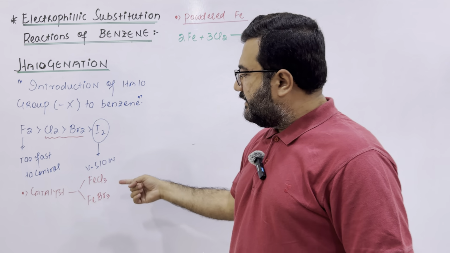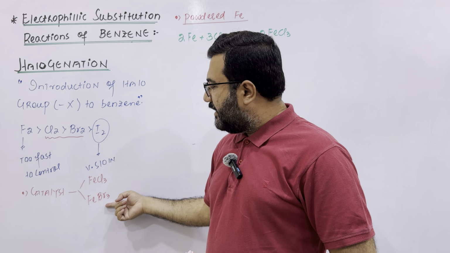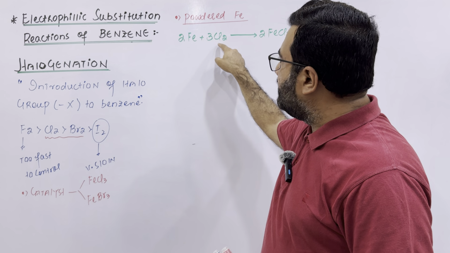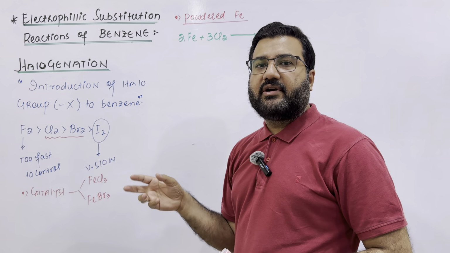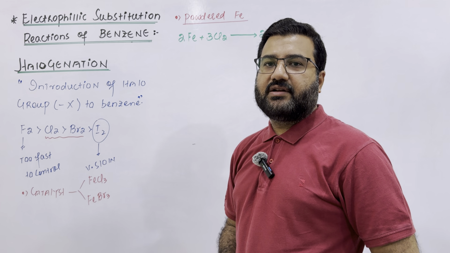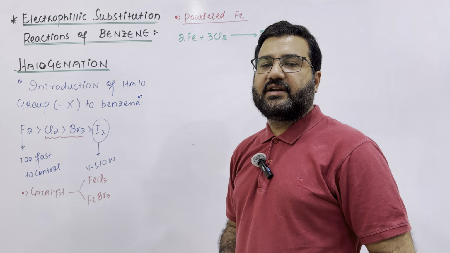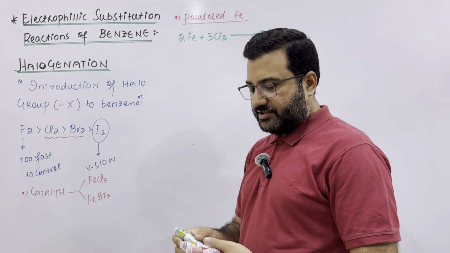So either directly ferric chloride or ferric bromide is used, or you will just introduce the powdered iron in the reaction mixture. Chlorine and bromine will already be there, so they will react together to form the catalyst, that is ferric chloride in case of chlorination and ferric bromide in case of the bromination.